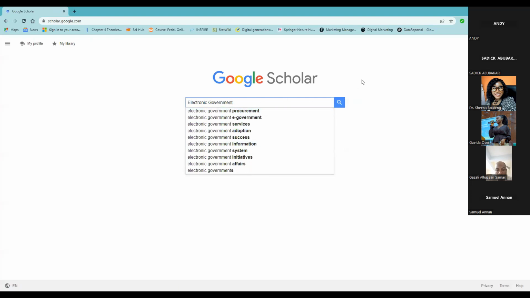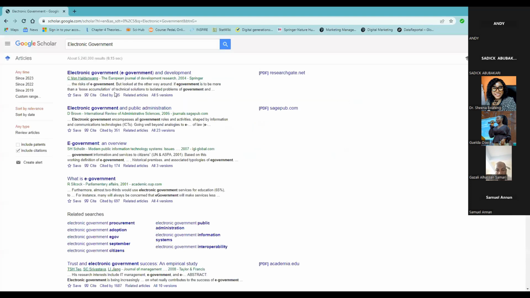Okay, electronic government. As soon as we enter it, you see it brings up a lot of options. Now, one way you can find some of the articles that you cannot find in the databases is by using this PDF link near some of the options. Can you see it? Yes.